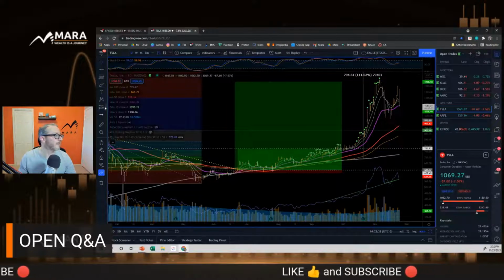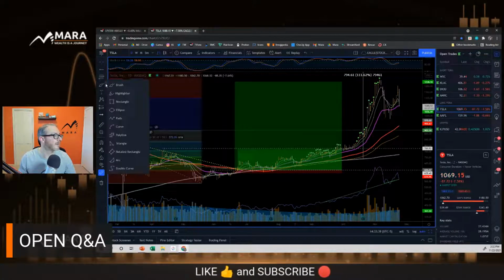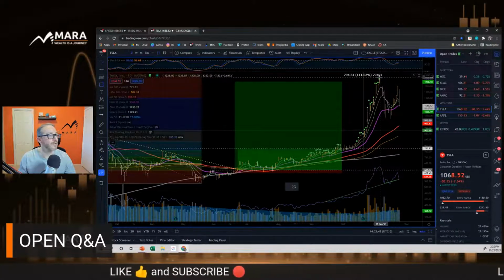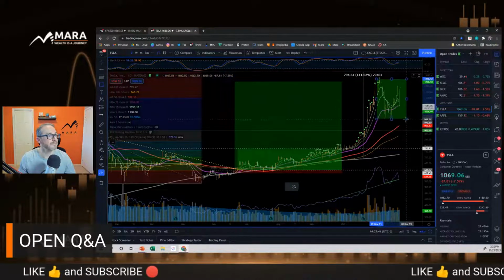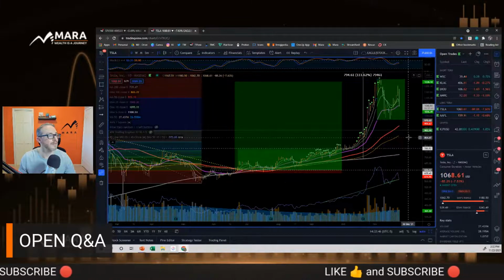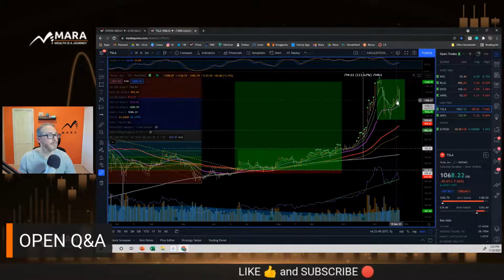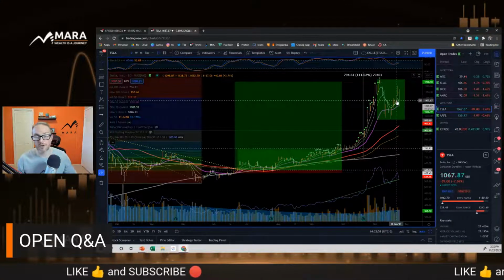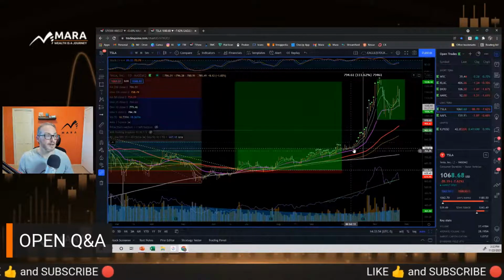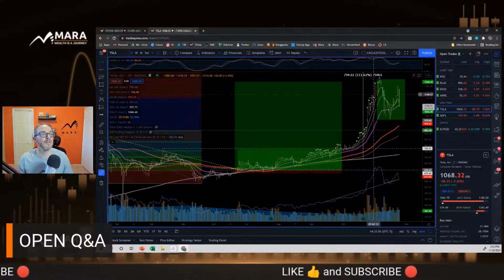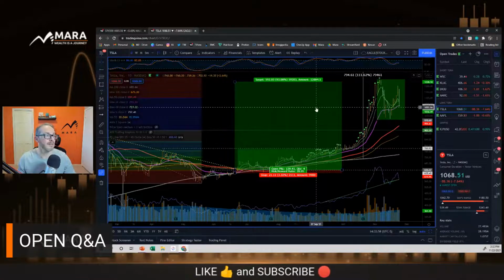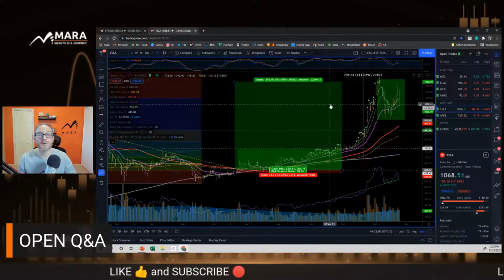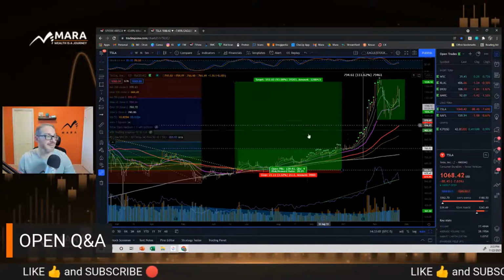So if we take another little box and draw a box around this, that's sideways. And if you are a shorter term swing trader, you'd probably be selling this into strength, right? Like the 90% move, yeah, sell something into strength.